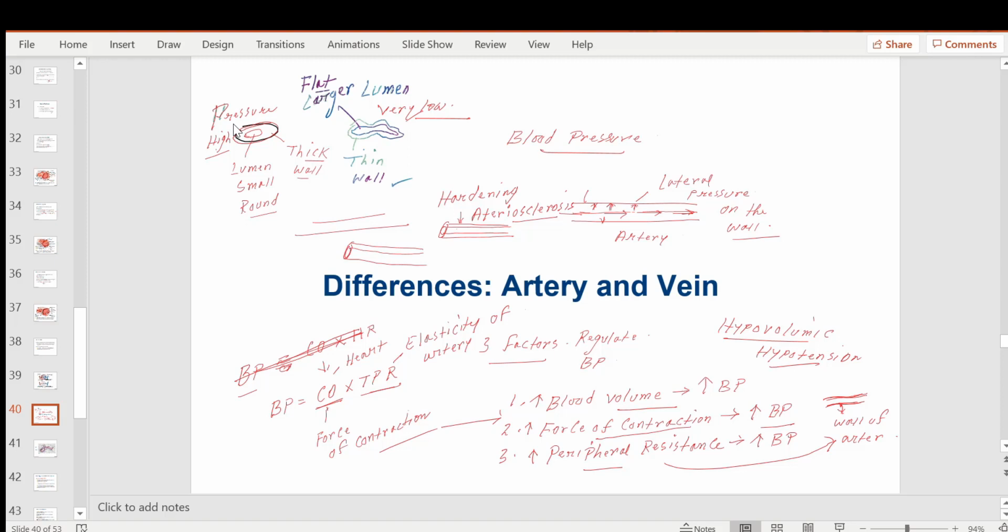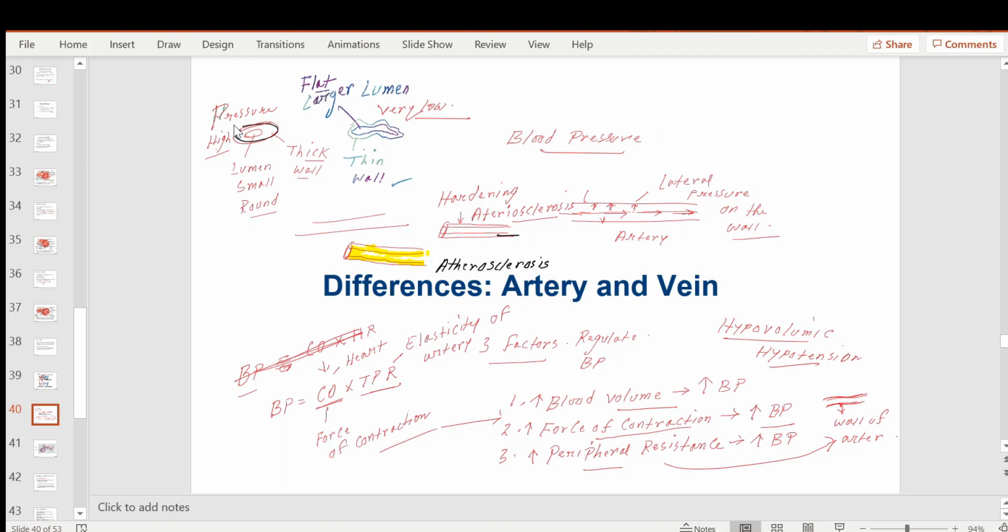This is the wall of the artery. Fat accumulates inside the wall. So when the fat accumulates, the arteries get narrow or closed. Okay, so that is another clinical condition that is called atherosclerosis, slightly different name, right?